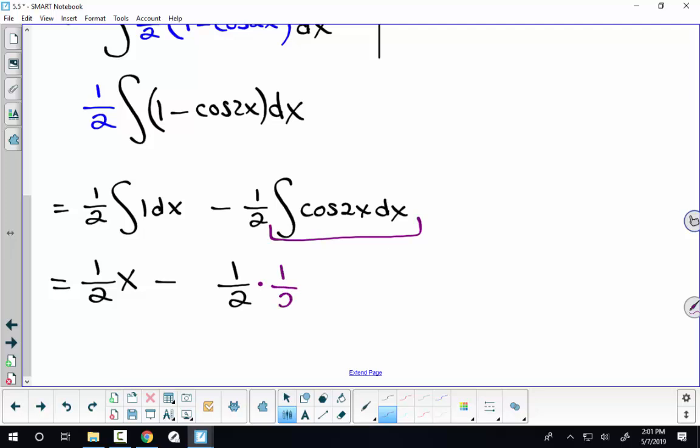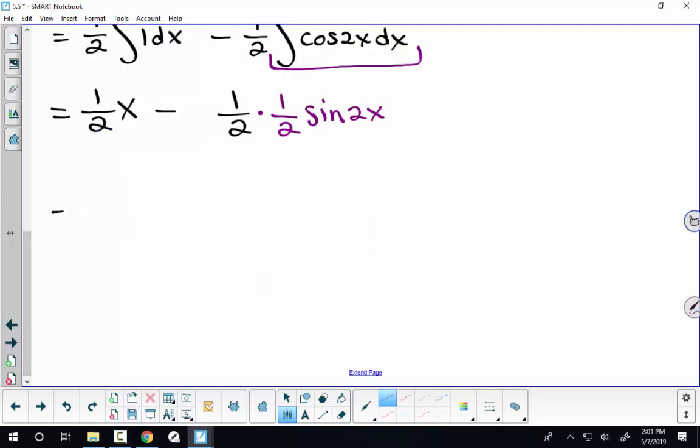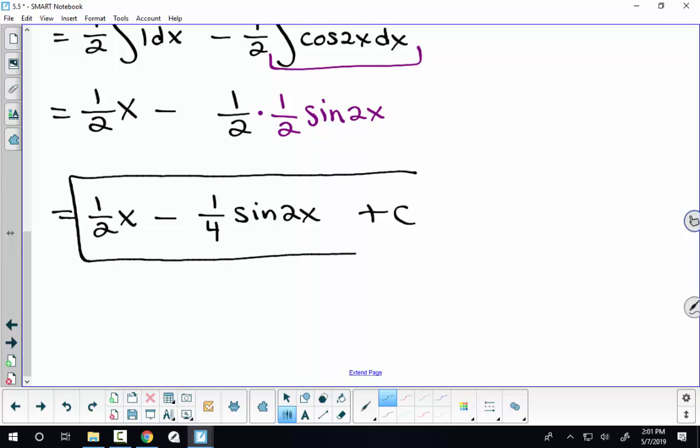It's 1 over a, sine of ax. So it's 1/2 x minus 1/4 sine 2x is the antiderivative of sine squared.